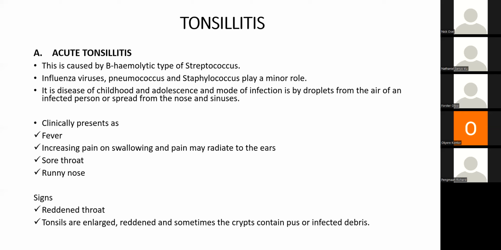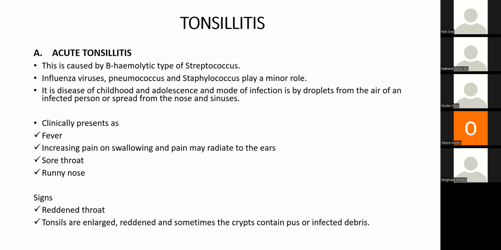It is worthy of note that this discomfort on swallowing may also radiate to the ears because of the connection the throat has with the ear via the eustachian tube. And the signs: an inflamed tonsil, usually reddened in color, with those exudates that we described the other time.